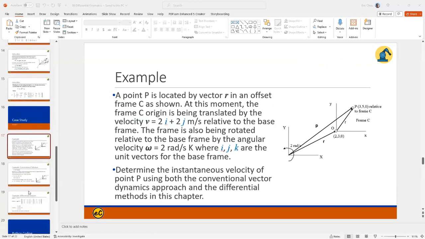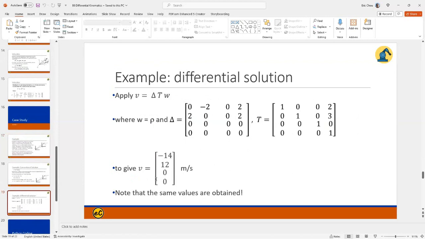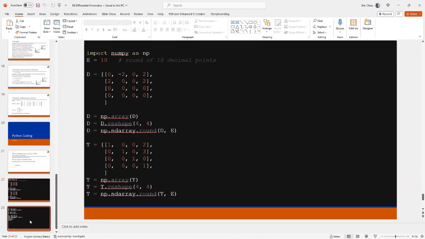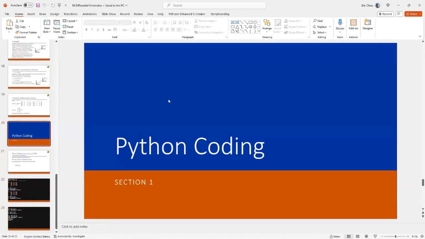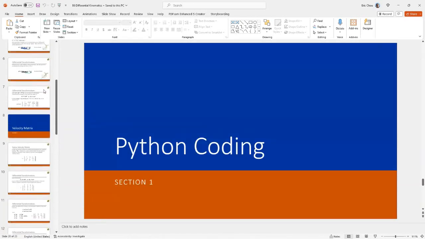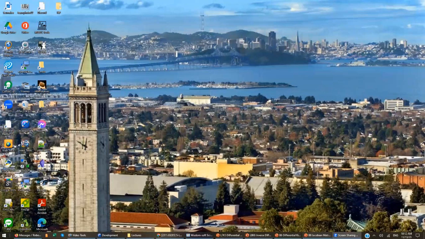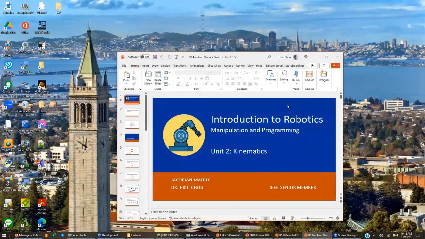We set out the formula to calculate it and get such a speed. So basically, this whole chapter is doing this, and we do have Python code to work on it. You can download the code. This portion is called differential kinematics. Then the next one is the Jacobian matrix.